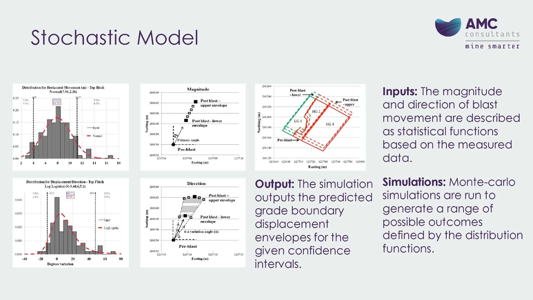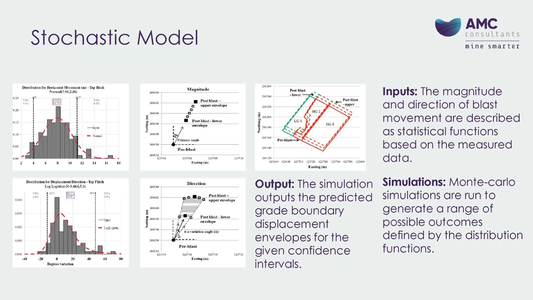So the inputs are the magnitude and the direction of the blast movement, and these statistical functions are then applied to these inputs. We then run simulations. So Monte Carlo simulations are run to generate a range of possible outcomes in terms of the magnitude of the blast movement and in terms of the possible direction of the blast movement.